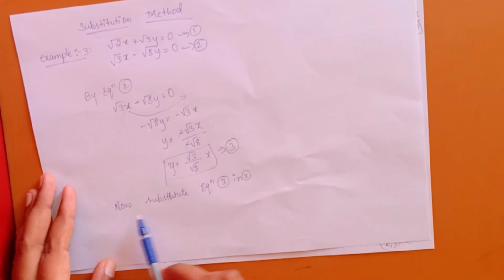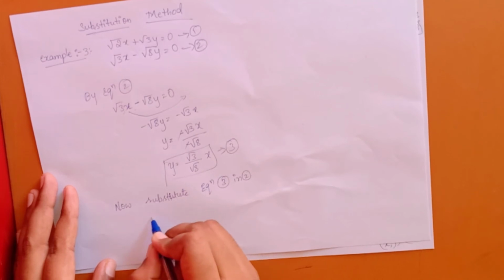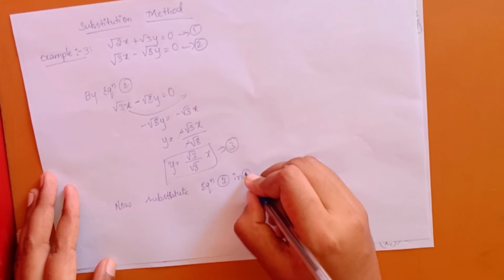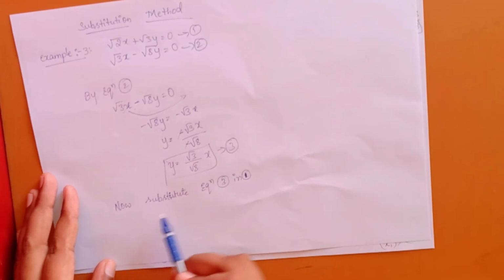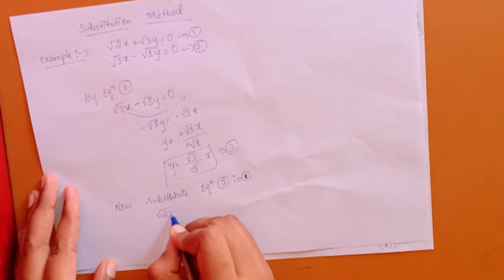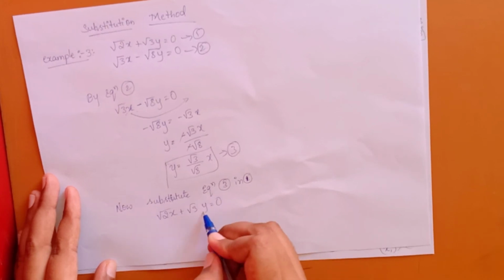Now we substitute equation 3 in equation 1. What we have in equation 1 is root 2x plus root 3y is equal to 0. So we have a y value.